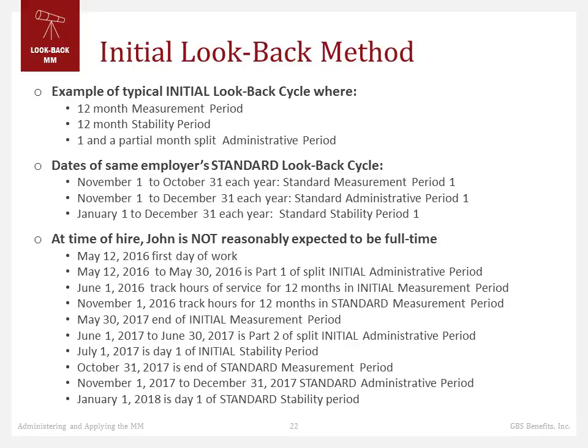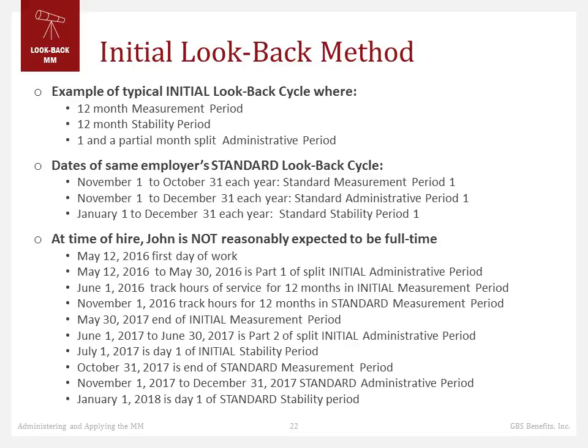And I'll explain why. The dates of the same employer's standard look-back cycle: the standard starts every November 1. The standard administrative period goes through November and December of each year, and then the standard stability period goes from January through December each year.